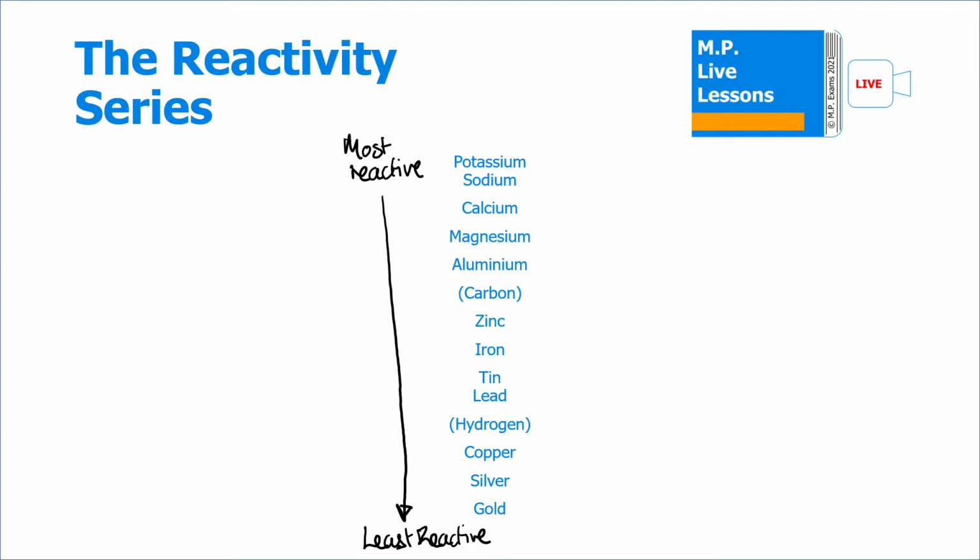Now, if something is more reactive, it can do a few things. For example, with carbon, metals less reactive than carbon can be displaced.